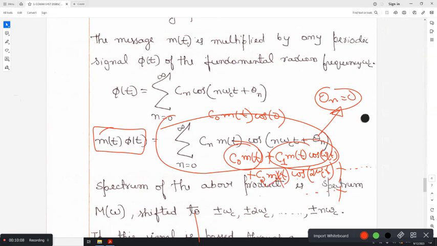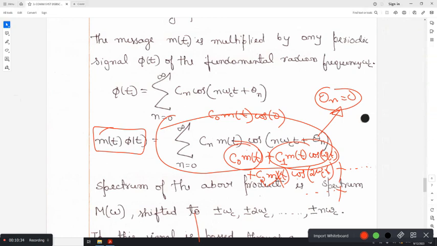Why is this not your AM wave? Because of 2 omega c, then 3 omega c, 4 omega c. That means this particular equation, if you expand it till infinity, will have a baseband component, your required AM wave, and the rest are not required because they have 2 omega c.